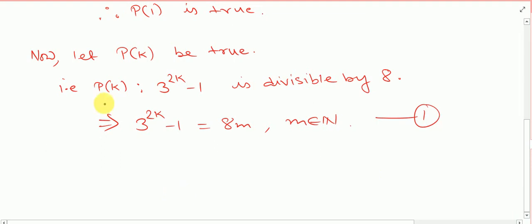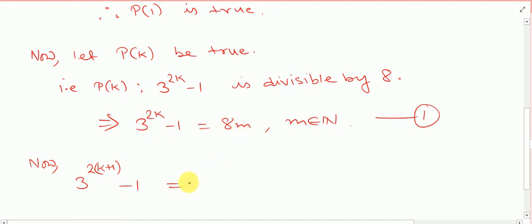Now we have to show that Pk plus 1 is also true. So now you have to copy this only, but wherever there is k, replace that by k plus 1. So you get 3 to the power 2 times k plus 1, minus 1 is equal to, now you have to try to get this term on the right, so that you can replace that by 8m.